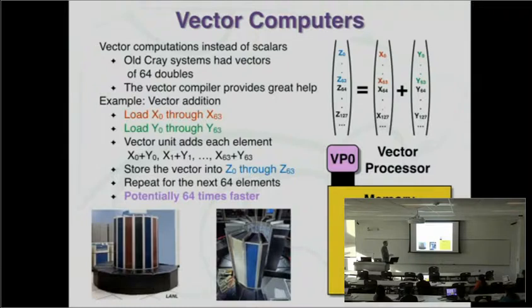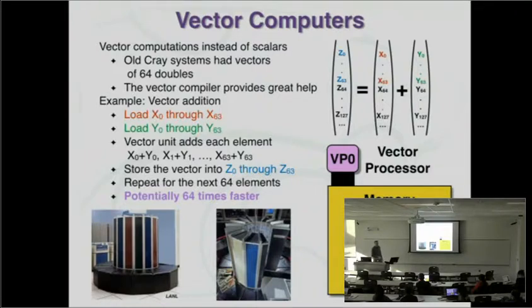So this is a picture of it, larger amount of memory. I drew the memory bus up to the processor as being much wider, because instead of pulling one array element at a time up, you're pulling things up 64 at a time. So you pull 64 elements of X up, you pull 64 elements of Y up, then you add 64 things at the same time, and then you put 64 elements of Z back down into memory.